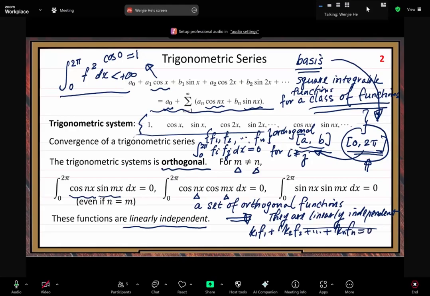Linearly independent means this implies all the k's must be 0, right? That's linear independence. If you can find certain coefficients for these functions, adding together equals 0, then by the orthogonality, you can imply these coefficients must be 0.